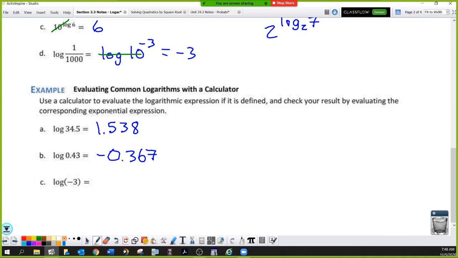You can't raise a positive number to any value and ever get a negative solution. Remember, all exponential functions have a horizontal asymptote at y equals 0. That is why the domain of the logarithm, meaning what things am I allowed to put into the argument, is numbers larger than 0. Positive numbers only.